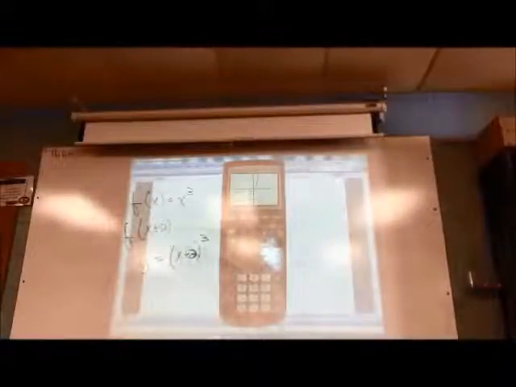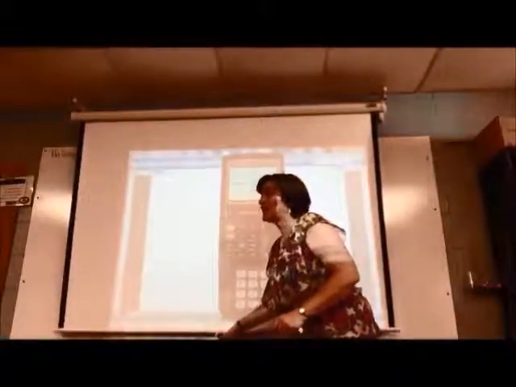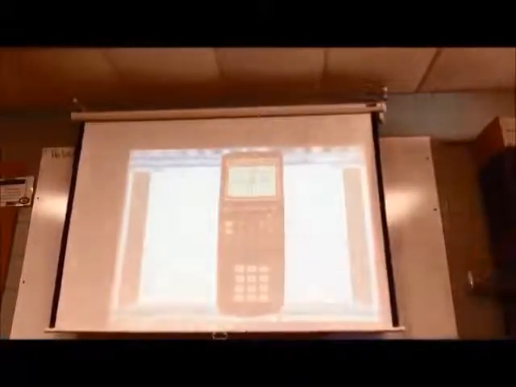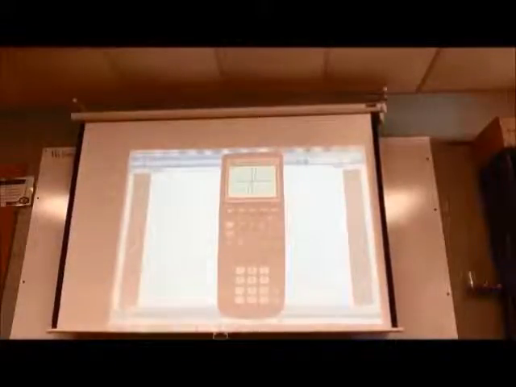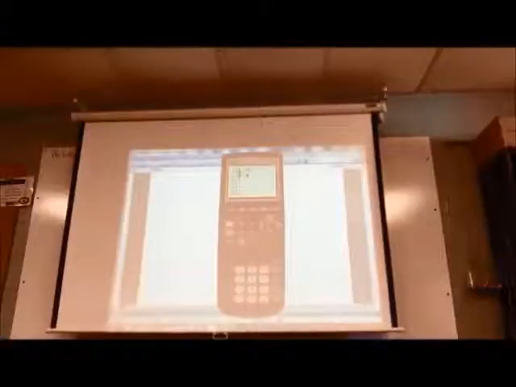You want to keep both of them, because you have to compare one over the other, and you're not going to know what one looks like if you don't have the first one. So in your y equals, our second entry is going to be parenthesis x plus 2, close parenthesis.